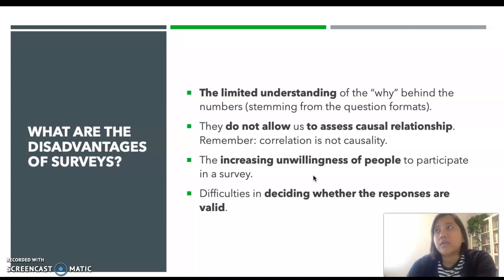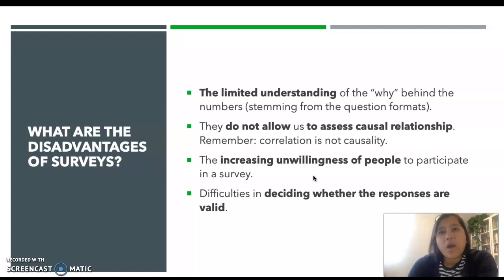For instance, you can ask how often do you watch TV at home, or how often do you access Netflix at home, and then you assess your GPA. What is your current GPA? You can say that the longer hours you spend on Netflix or on watching TV at home, and the GPA that you have, there is a correlation, that the more often you watch Netflix, then your GPA may be lower, for instance.